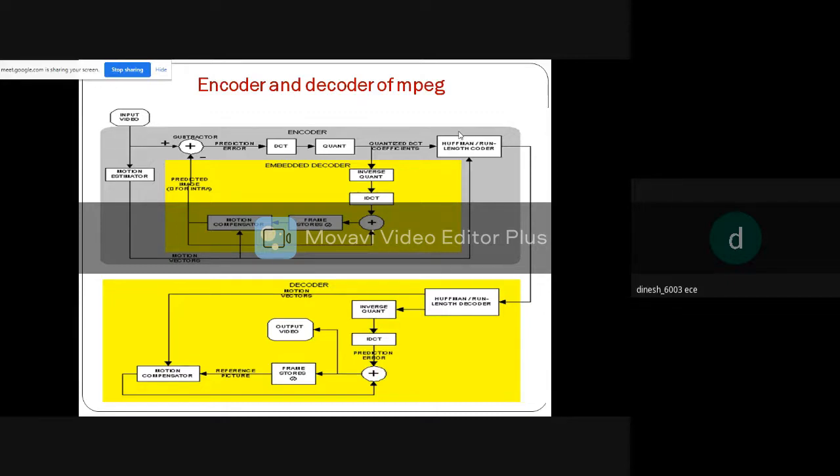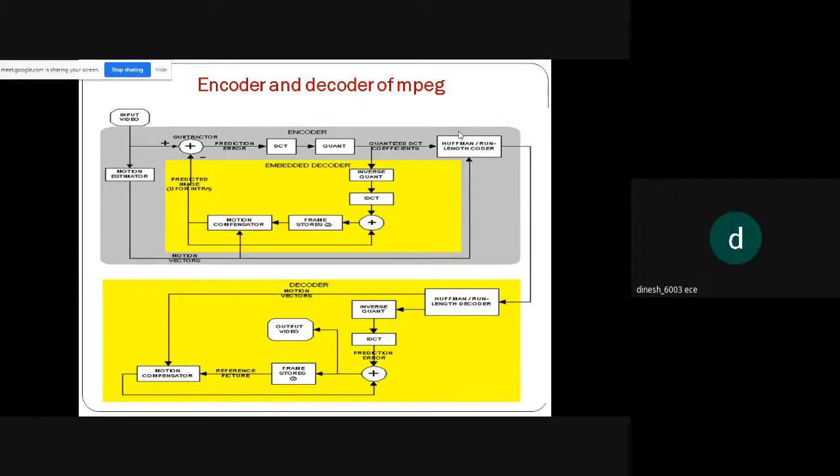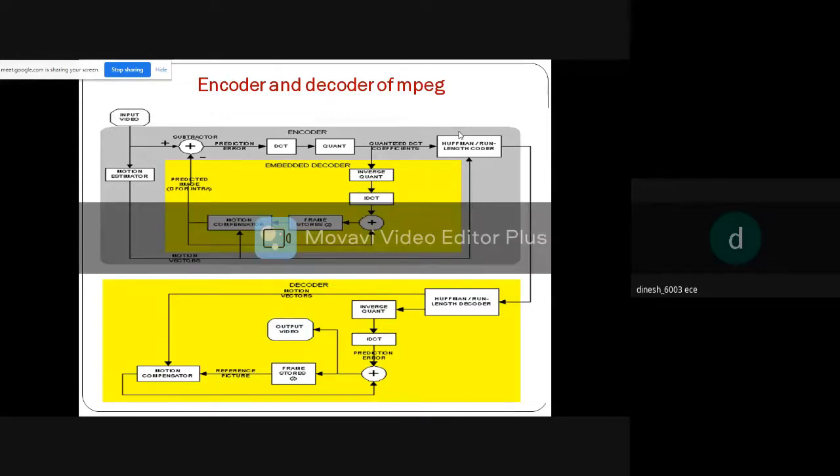These are motion compensated by using an embedded decoder, which takes the IDCT, inverse discrete cosine transform, for better processing of images. The same is replicated at your decoder in reverse.